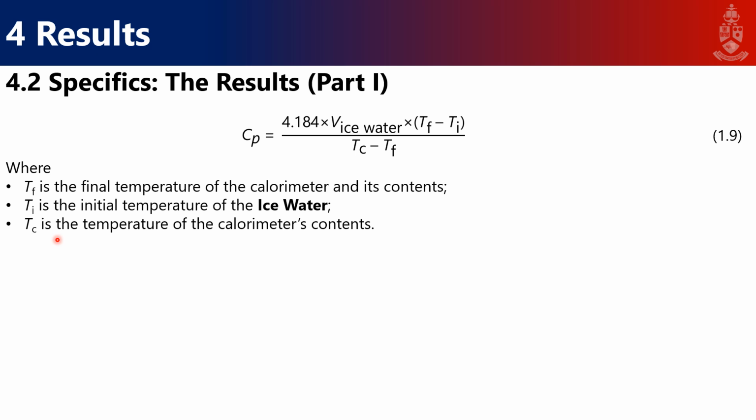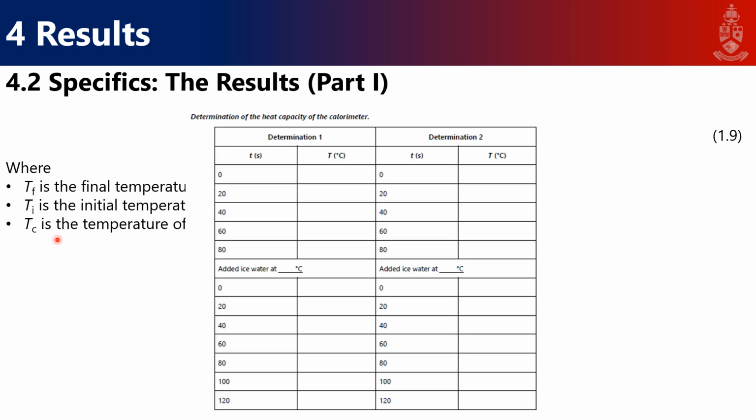Okay, if you did not follow that, here is your table. Remember, in your fill-in sheet, this is what you saw. Tc is all these values, because you're going to carry this one over to there, and you'll carry this one over to there. That's your Tc values. Next, your Ti values are the ones from the measuring cylinder, your ice water temperature.